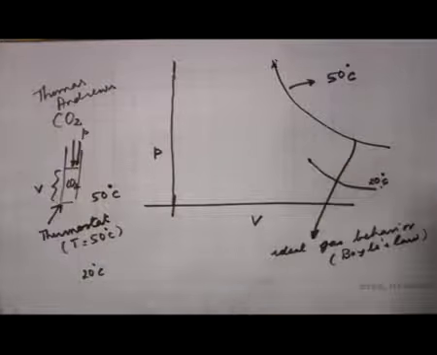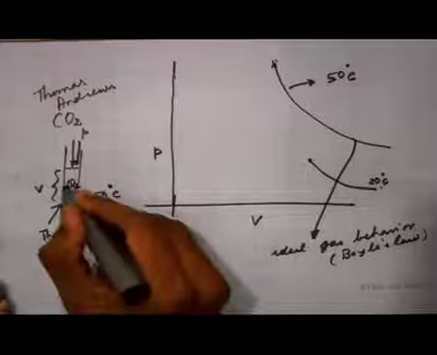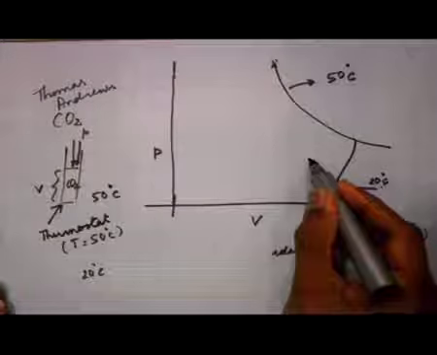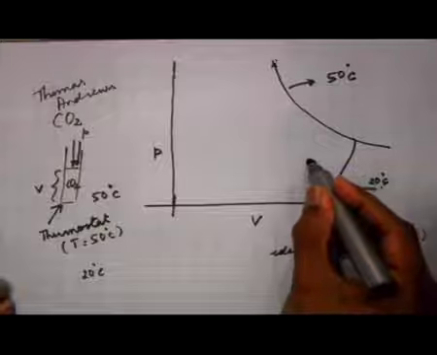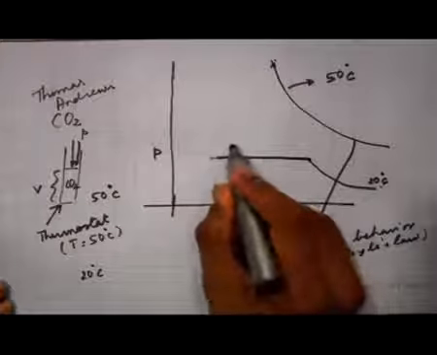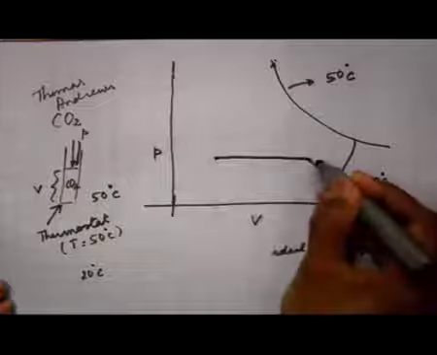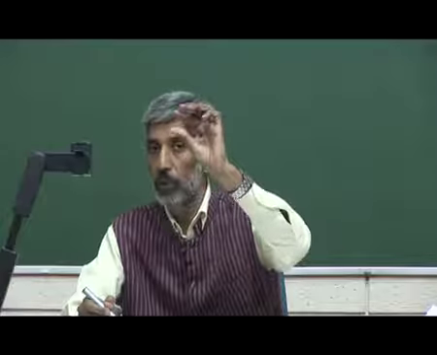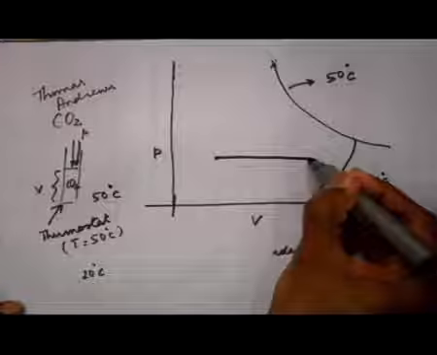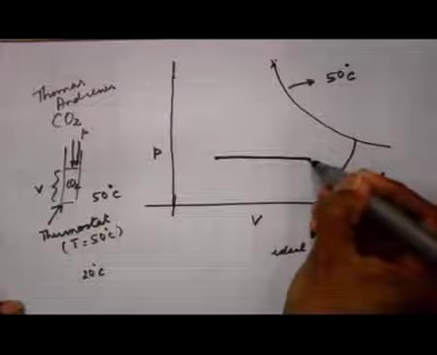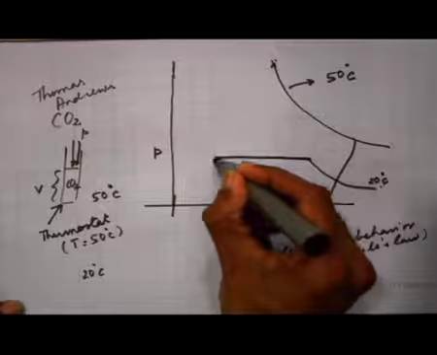Now, at some particular point the volume changes abruptly, and this is the point when carbon dioxide liquefies. At a particular pressure the volume drops considerably, because carbon dioxide, which was a gas earlier, has become a liquid, and liquids typically occupy a much smaller volume than gases. It happens instantaneously: at the same pressure the volume has gone from this point to this point.